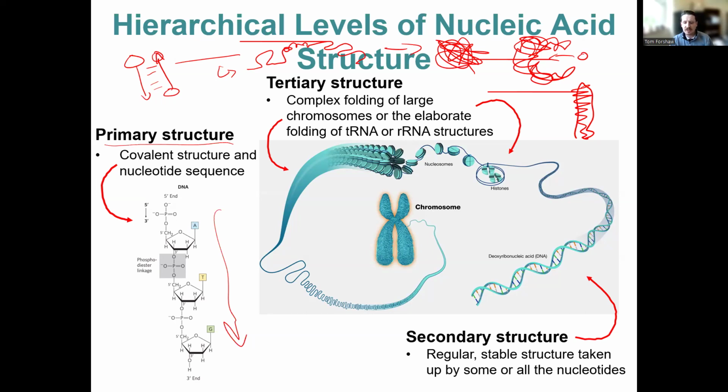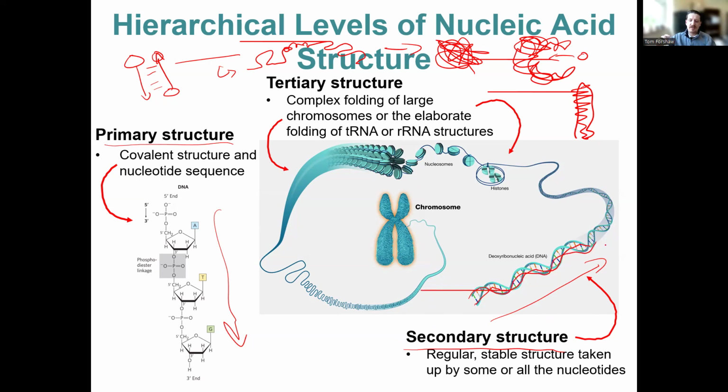That's just the primary sequence. Then you have the secondary structure. Now this is, again, the same kind of thing as the secondary structure in the polypeptides, where you have local folding, and that's actually the helix. The helix is the secondary structure.